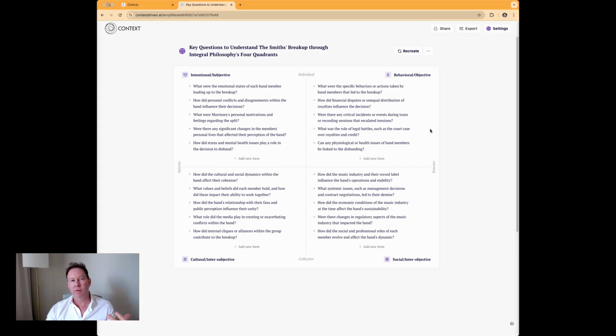To just say, okay, what's the landscape? By asking yourself these kinds of questions, by having the AI tell you which questions you should be asking, especially in a quadrants format where it's doing a very comprehensive job of surveying the territory, it gives you a very powerful way to quickly get a sense of what you might be thinking about.